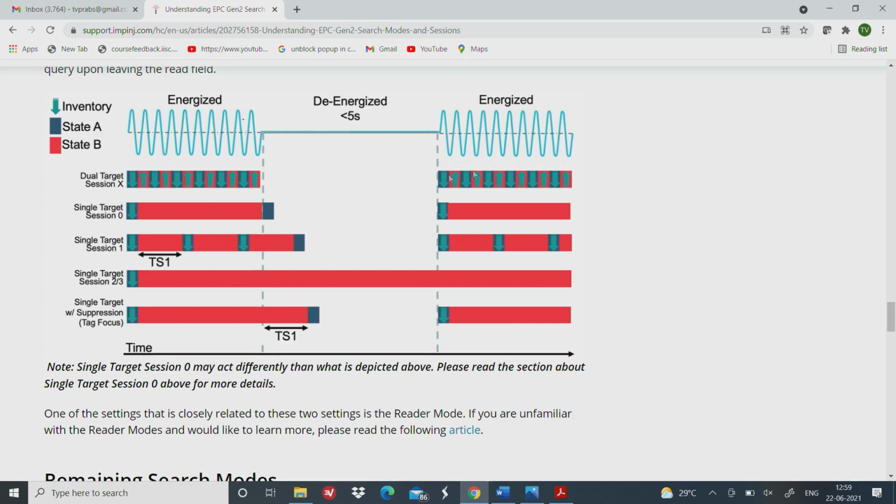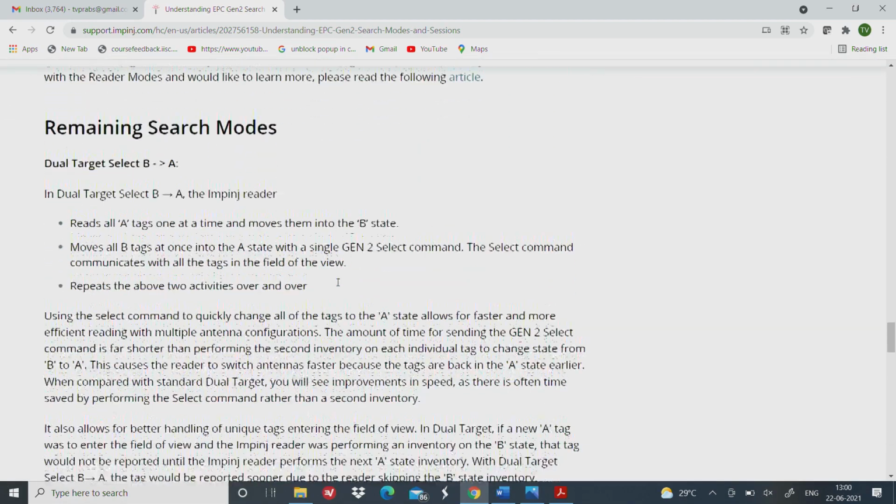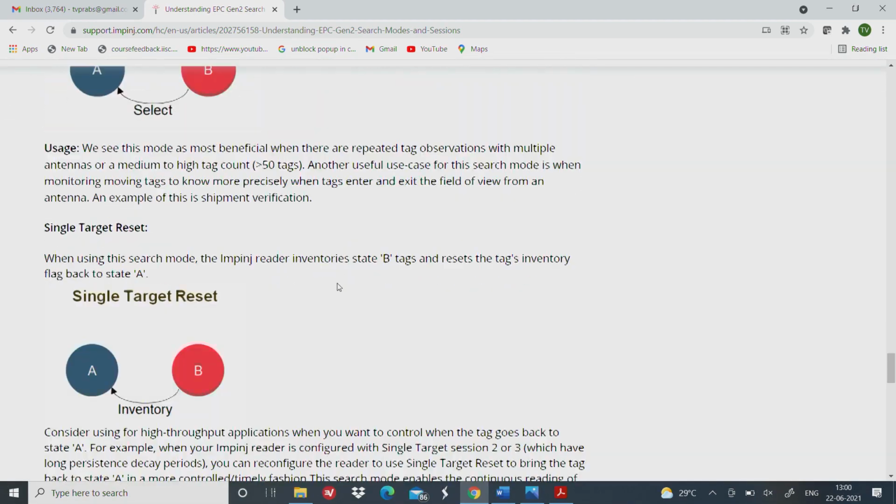What actually happens is mentioned clearly here, and therefore the point is that the tags are quite clever and they do understand the issues of multiple readers, and the functioning is now quite successful with respect to multiple readers.